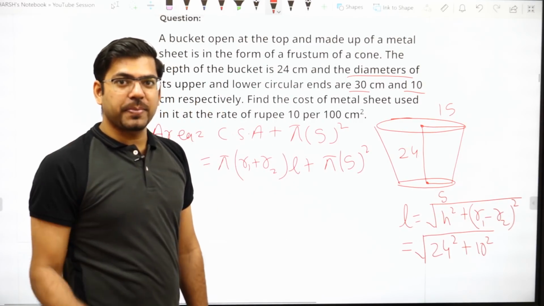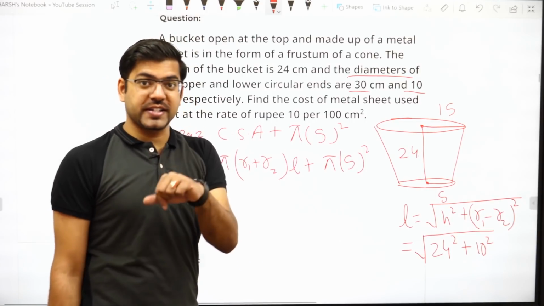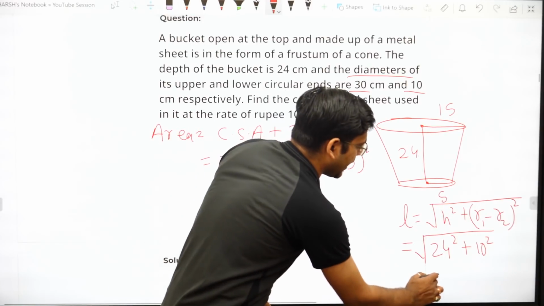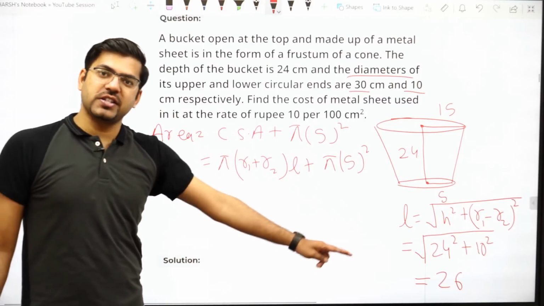So 576 plus 100 is 676. And do you know the value of root under 676? It's the square of 26. So I'm writing directly that L is equal to 26.